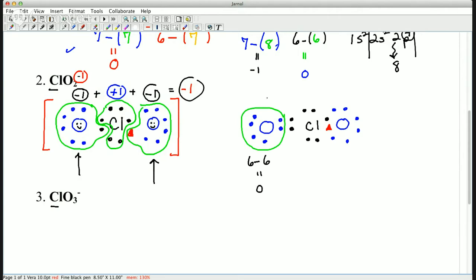And the other way, we have a formal charge here of the chlorine, half of its bonding. What we have here is 7 minus, well, guess what? 1, 2, 3, 4, 5, 6, 7. Nice. That's going to give me another 0.